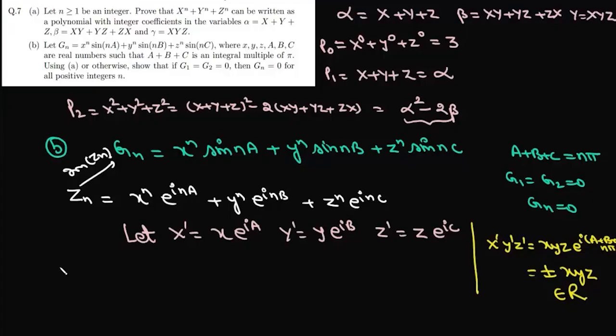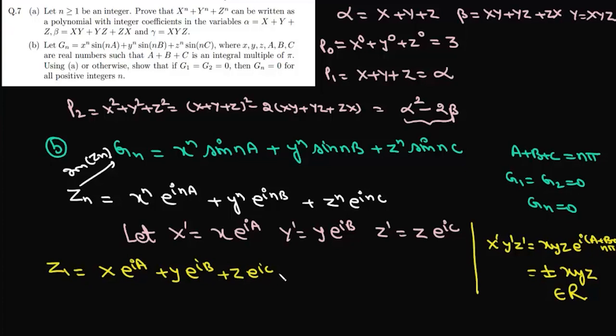Now if we take z1, it is x e to the power iota a plus y e to the power iota b plus z e to the power iota c. Now it says g1 equals 0.